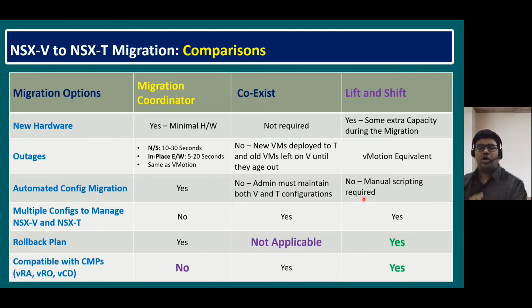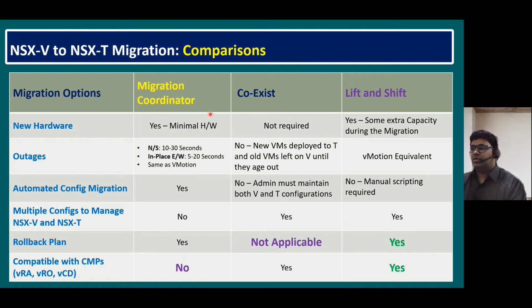It will start migrating all your virtual machines from NSX-V to NSX-T. So only manual scripting is available. And a rollback plan is also available in lift and shift, and it is also compatible with the cloud management platform. If your customer is using a cloud management platform, it is better to go with the lift and shift model.